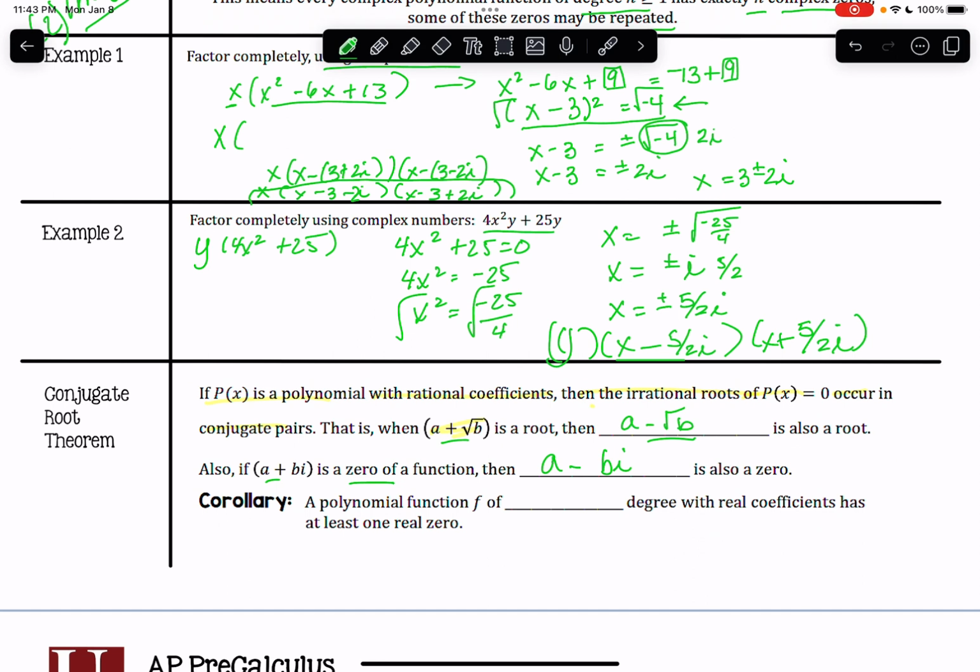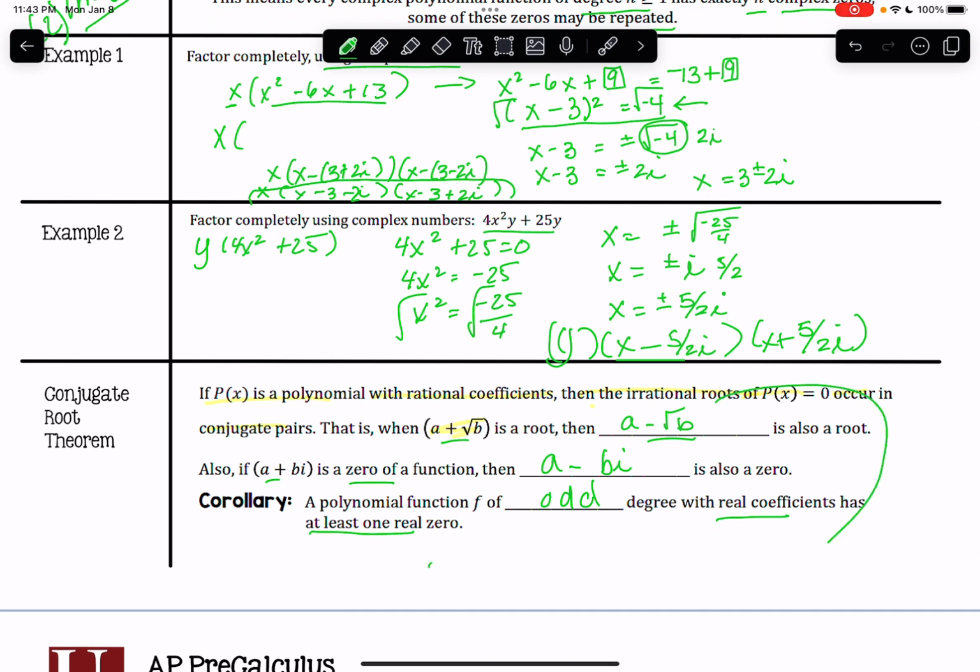And that leads to a corollary that says a polynomial function of odd degree with real coefficients has at least one real zero. And that's because these things appear in twos.